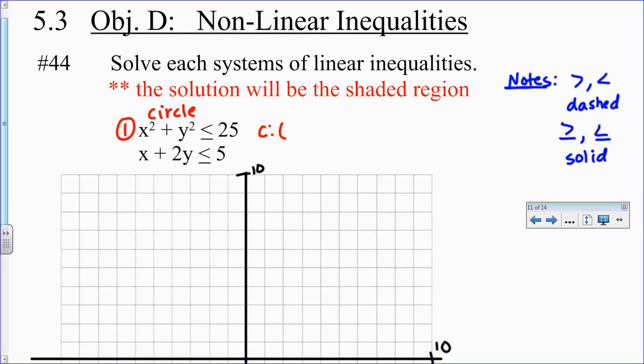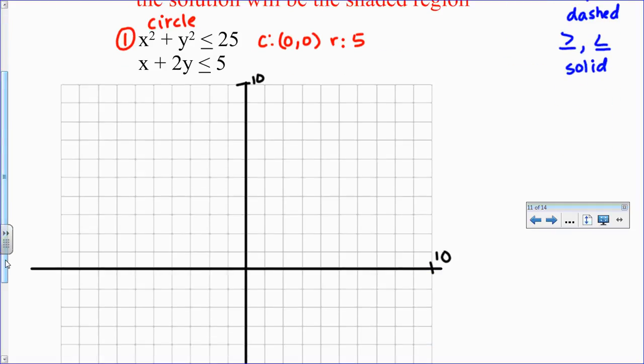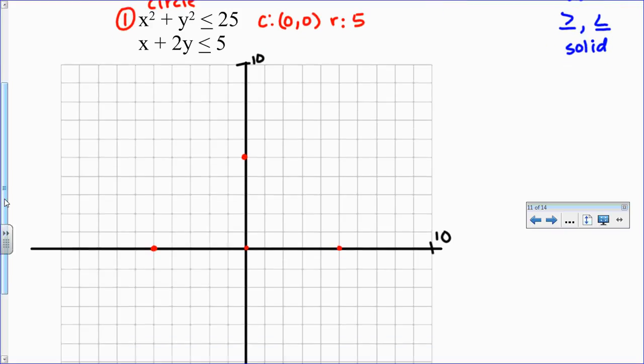You don't have h or k, so just 0, 0. And my radius is 5, square root of 25. Okay, so go out 5 in all directions, and draw a solid circle.